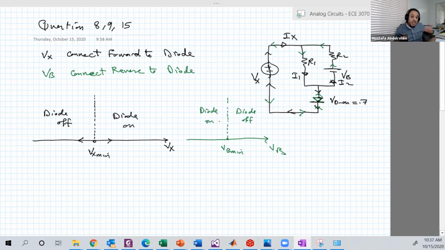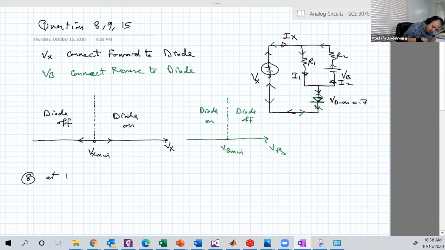I mean, we need to decrease VB in order to make the diode be on, because it's reverse. And we need to increase Vx in order to turn the diode on, because it's forward. So let's do question 8, and in 8, it was asking about Vx minimum to turn the diode on.